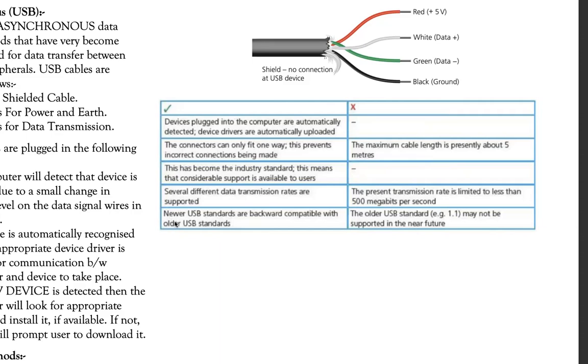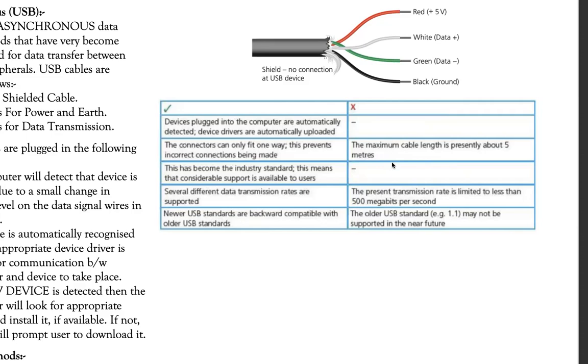Several different data transmission rates are supported on USB; type 3.0 supports faster data transmission versus the original type A. And it doesn't mean that if you have a type A port and a 3.0 device, it won't work. It will still work. It will support a lower data transmission rate, but it will still work. So that means your devices are backward compatible. Even if you have an older device and a newer USB peripheral, or an older computer, they will still be able to connect.